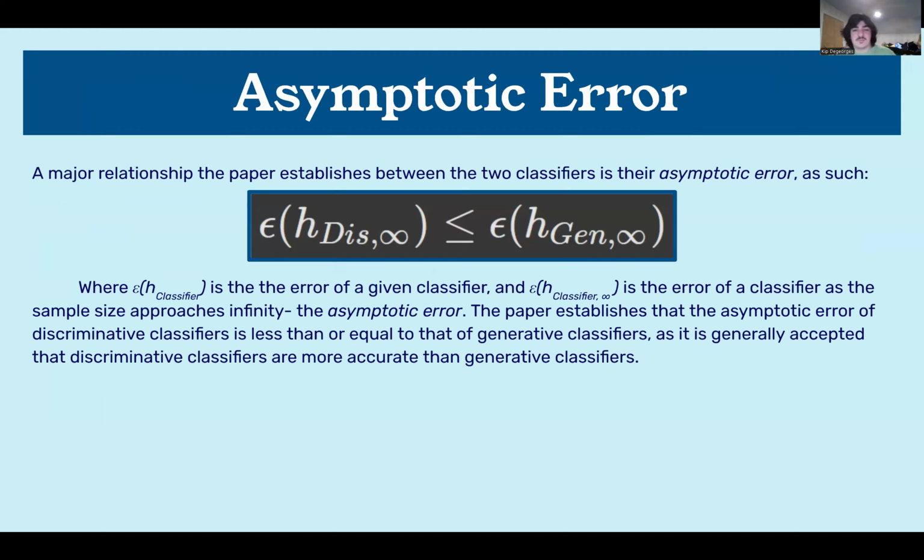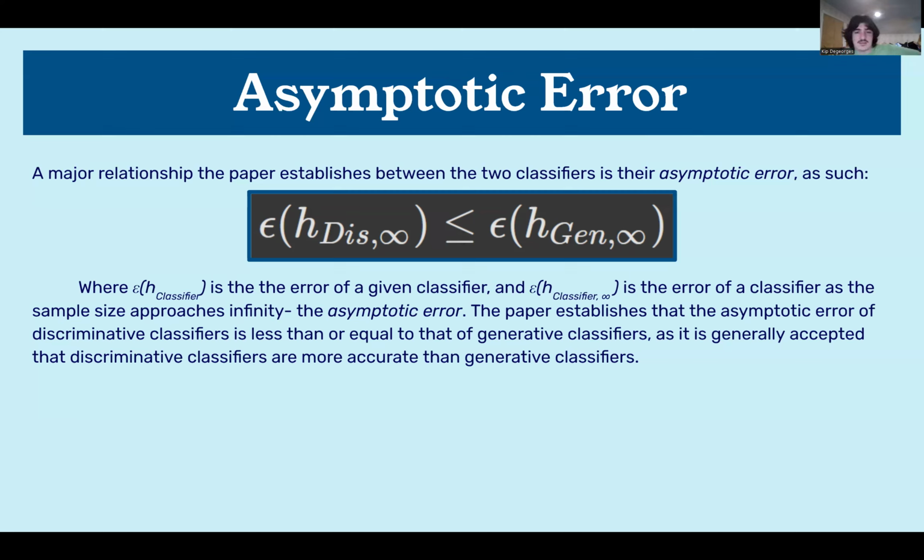A major relationship that the paper establishes between the two classifiers is their asymptotic errors. That's the error of each model as they are given an arbitrarily high sample size, such that the error can't reduce anymore.